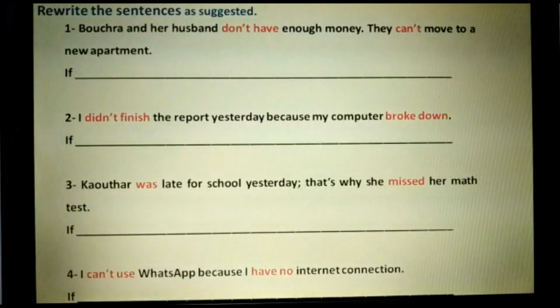Remember, if the situation is in the present, make sure and certain to use conditional type 2. But if the situation is in the past, please remember to use conditional type 3. Something else very important: if you have the negative form, change it into the positive. And if you have the positive form, change it into the negative, and vice versa.